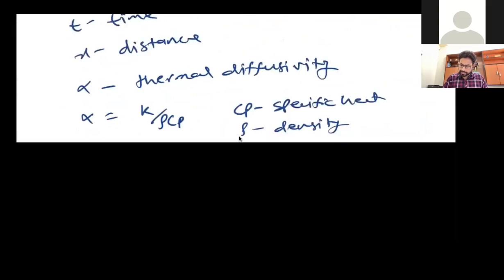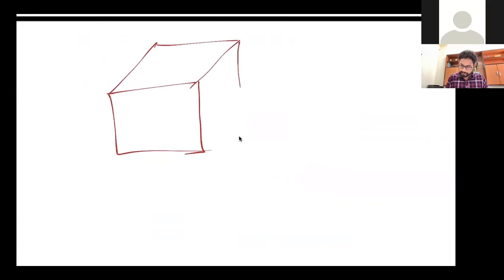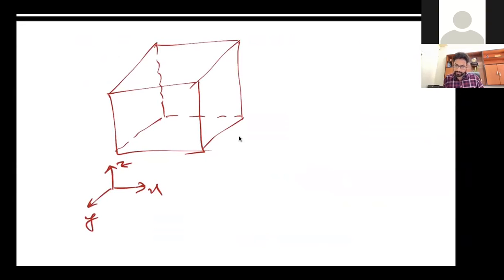Now let's assume that you have a block of solid which is three-dimensional in nature. So this is your block that looks something like this. This is x direction, this is z direction, and this is y direction.